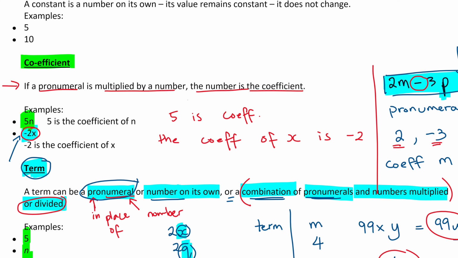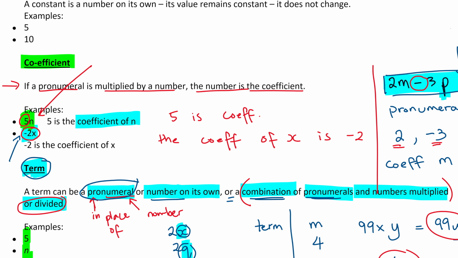So I'm just going to go back to my example, maybe I didn't explain it clearly enough. We look back at this highlighted term: we've got 5n. If I were to ask you what is the coefficient of n, what I'm asking is what number n is being multiplied by. n is being multiplied by 5. 5n means 5 times n. Yes, 2, thanks, Miranda.